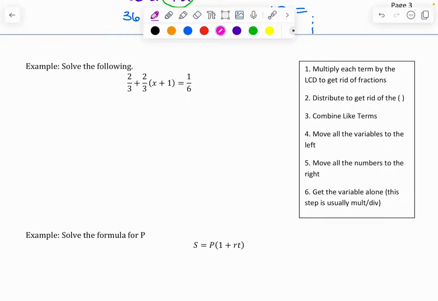We're going to look at the biggest one, which is 6, and the question is, is 6 divisible by 3? This 3 comes from the other denominators we're talking about, and this 6 is our biggest denominator. We know that equals 2, so that tells us our LCD is going to be 6.